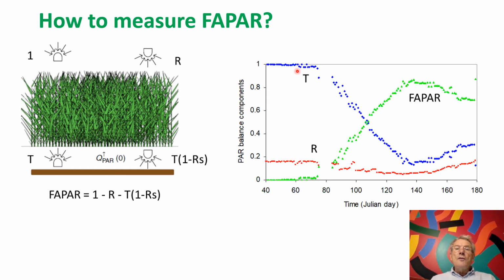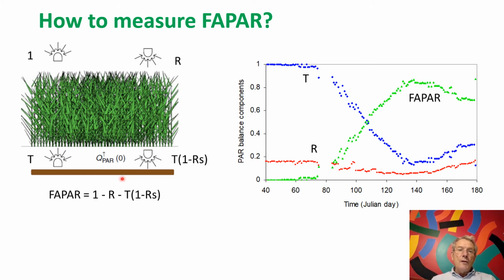And you can see here the variation of the different terms. The transmittance is dropping with the increase of the green area index. The reflectance is decreasing slightly, but not very much, with the growth of the wheat.